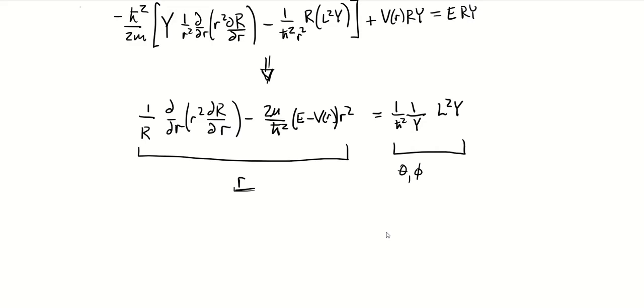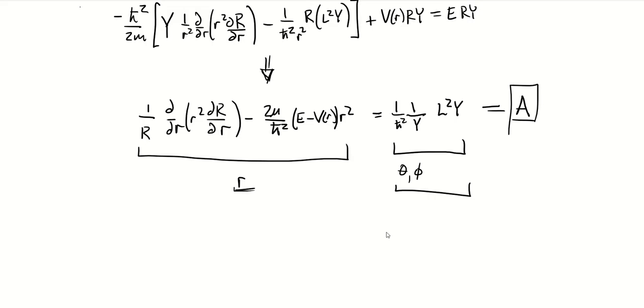So you can imagine moving just in the radial direction and changing r. This side isn't going to change. It's going to be constant. The r changing on this side has changed a lot. So what that's essentially saying is that both of these sides are equal to some constant. We're going to call that A right now.